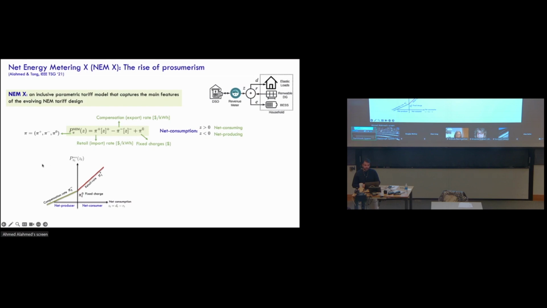When Z is negative, you pay the compensation or export rate. And if you remember net metering 1.0, which I presented in the last slide, pi plus is basically the same as pi minus. So you have the same rate for buying and selling, and therefore the payment function becomes much simpler and much more lucrative to the owners of rooftop solar.